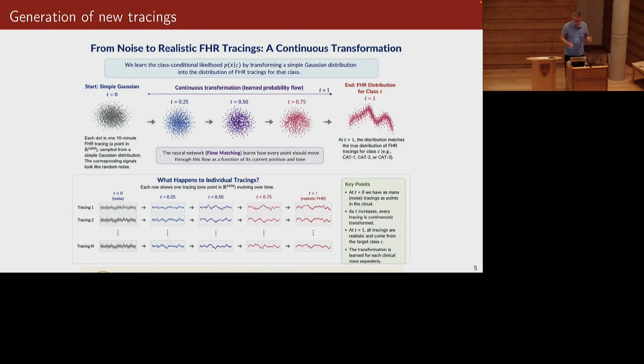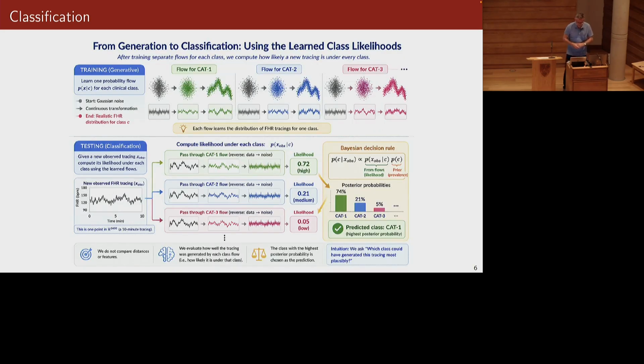So again, let me repeat, we start with training, we start with white noise, and we move this sequence of white noise samples to represent a CTG signal. Now, I did not mention one thing. This is supervised training. What that means is we assign to each CTG signal a class.